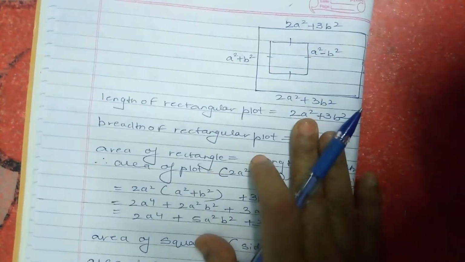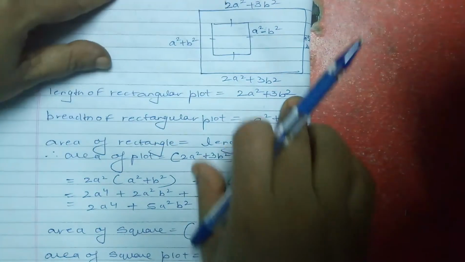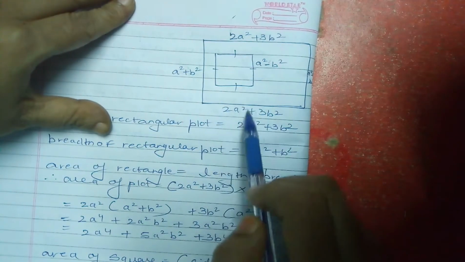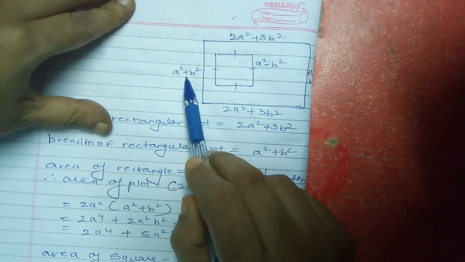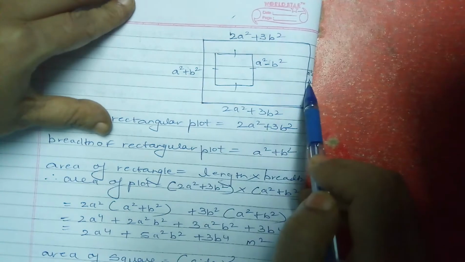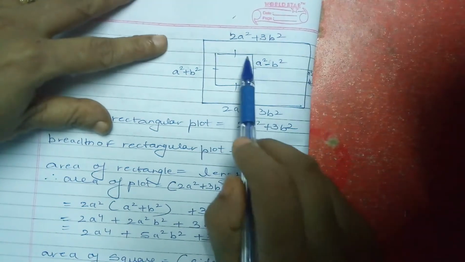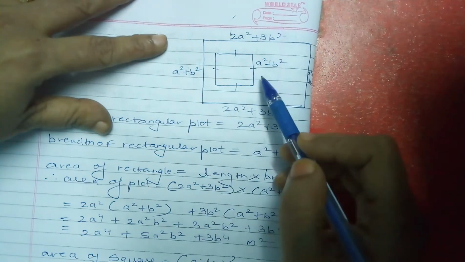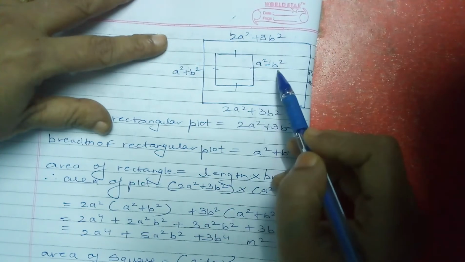See here, this is a rectangular plot which I have drawn. You can see the length 2a square plus 3b square and this is the breadth, a square plus b square, I have written. Now this is the square plot which is having all the sides equal as it's a square, and the side is a square minus b square.